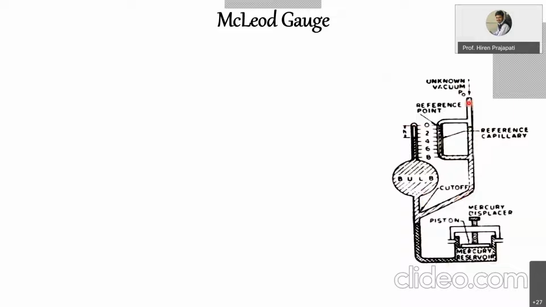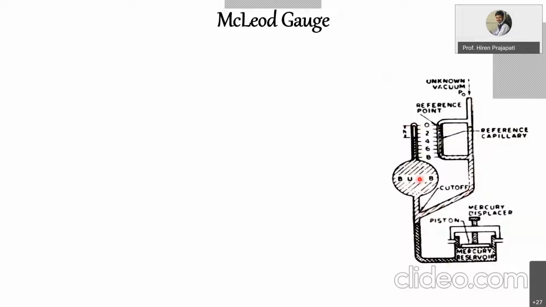Now just connect your vacuum source here. Because of the vacuum, this entire capillary portion will be filled. So the reference capillary as well as the bulb and measuring capillary, this entire portion which is above the cutoff point, will be filled by vacuum, right?